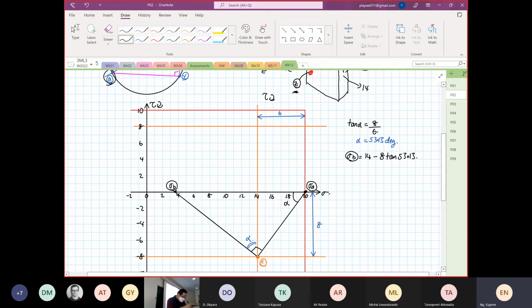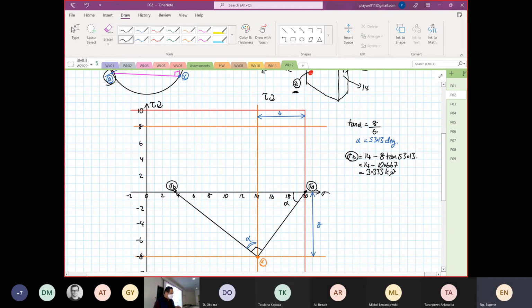So tangent 53.13 times 8 is 10.667. So this is equal to 14 minus 10.667, which is 3.333.